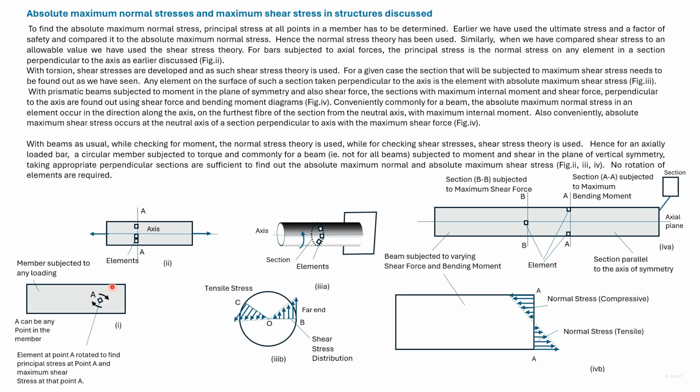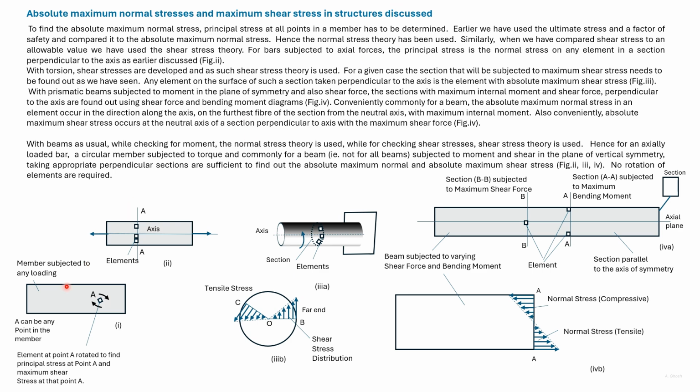We can rotate this element, keeping an eye on the variation of normal stress, and find the maximum, that is the principal stress. We can do the same thing for all the points in the member. That way, we can find out the absolute maximum normal stress acting on the member.